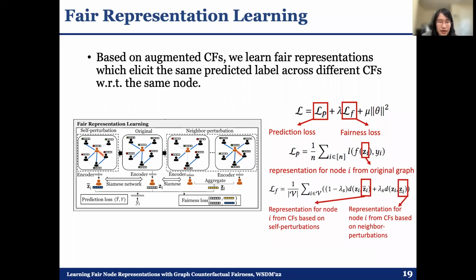So we have Z_i as the learned node representation for node i from the original graph, and Z_i bar represents the learned representation from the counterfactuals, and we just enforce them to be as close as possible.